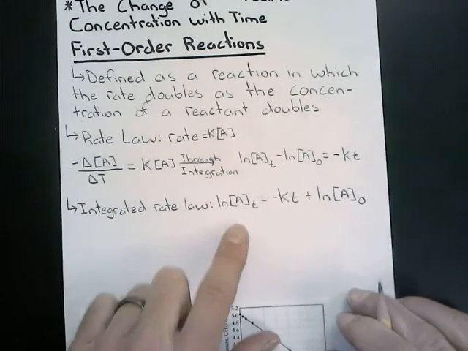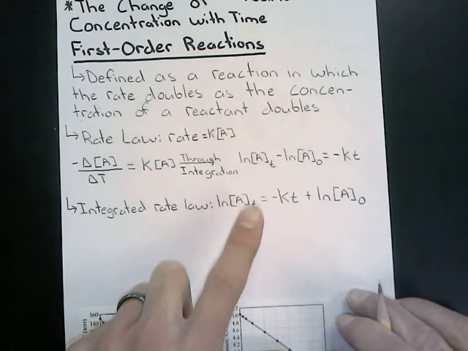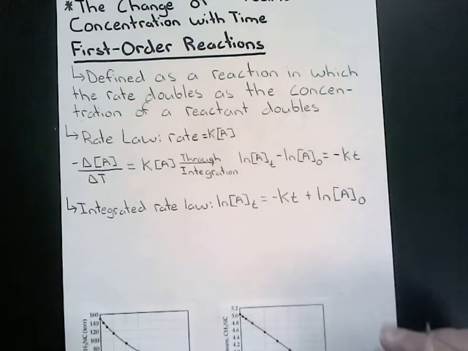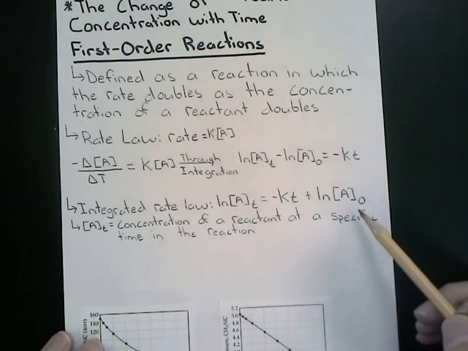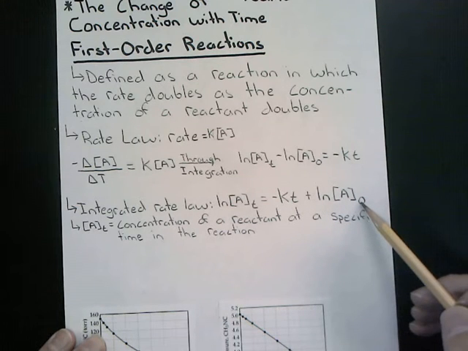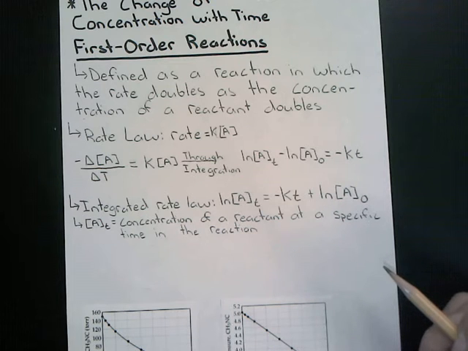So again, just breaking this down, the concentration of A at t is the concentration of the reactant at a specific time. And the concentration of A sub naught, that is the initial concentration of the reactant.